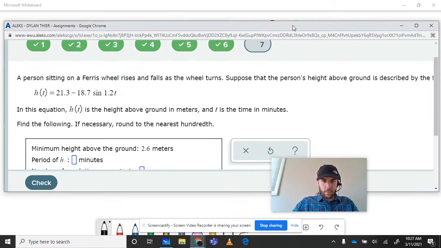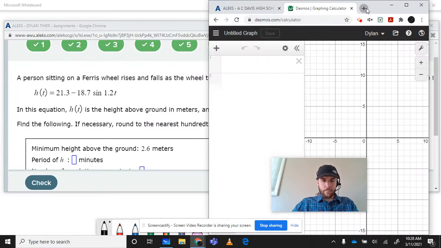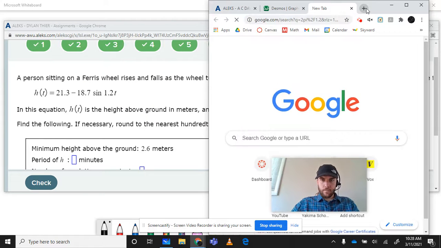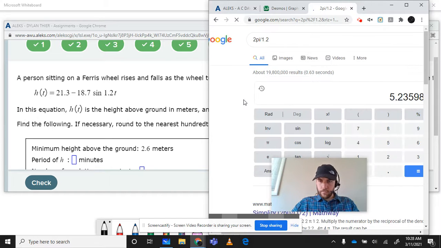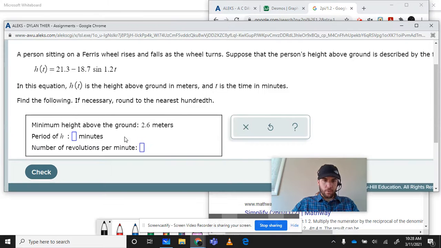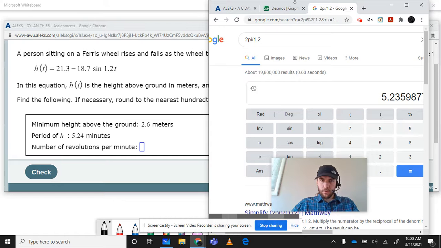So 2 pi over 1.2, and they want that rounded. 5.24. Okay, so if it is 5.24, seems kind of like a long time, but that's what it is.